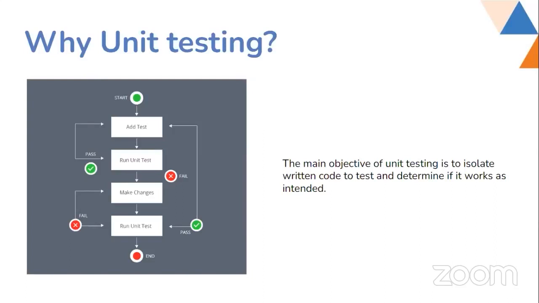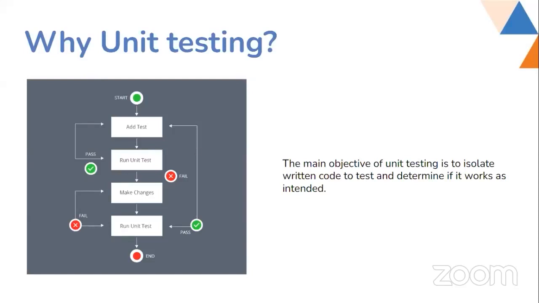To make it more relevant to you, I will give an example. Suppose you have a function and you are trying to send an email. What you would do is go to the browser, hit that link and test whether the email is sent or not. But through unit testing, you can just write a test function and test whether the email is sent or not.